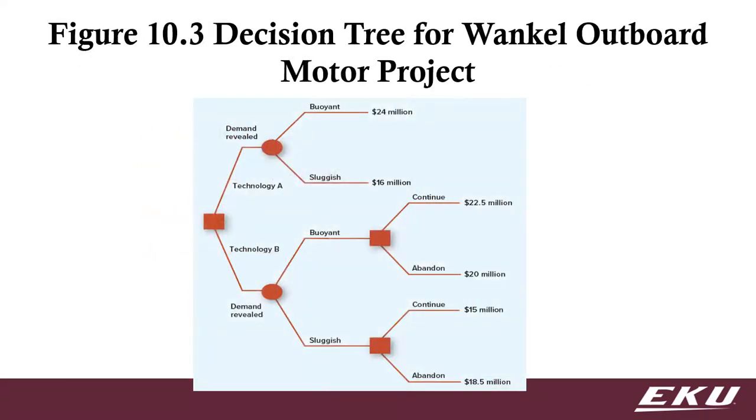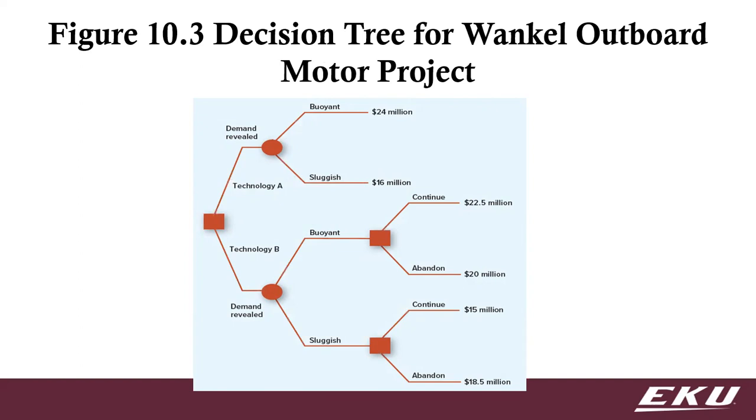So this is a decision tree for a particular company. They have the option of a couple of different technologies. If they were to go technology A, then the demand gets revealed. And if they were to go buoyant, they receive this much money. If it's sluggish, then it's this much money.